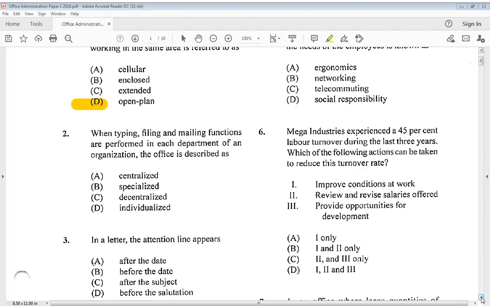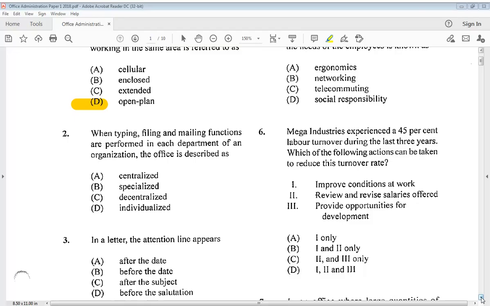When typing, filing, and mailing functions are performed in each department of an organization, the office is described as A, centralized, B, specialized, C, decentralized, or D, individualized. So we know B and D would have been out of our answer options.